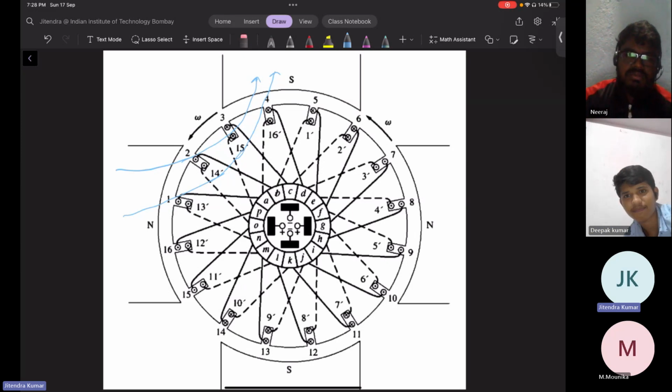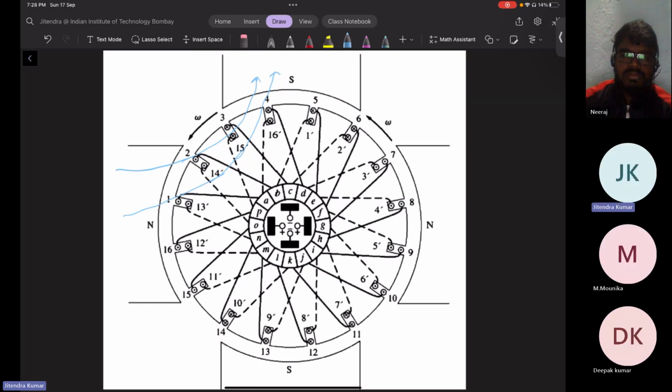If instead of 16 it will be 32, then there is a possibility that one slot pitch will be left out. So it is not guaranteed that in the case of a higher number of poles all of the conductors will be linked, right? Are you getting it, Neeraj? Yes, sir.